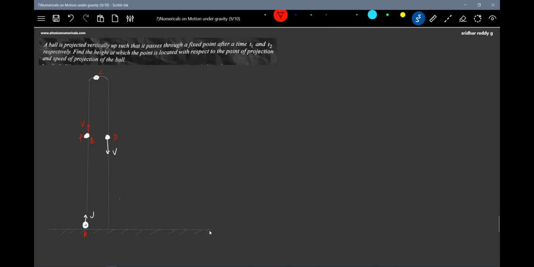Then what is the information given for us? Time for AB is T1, and time for BCD is T2. It passes through a fixed point after a time T1 and T2 respectively.